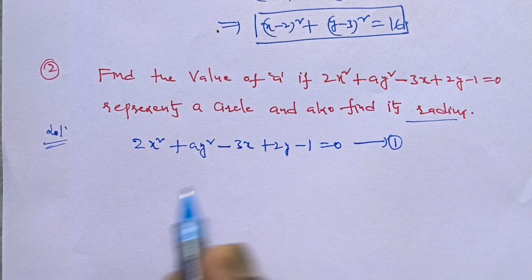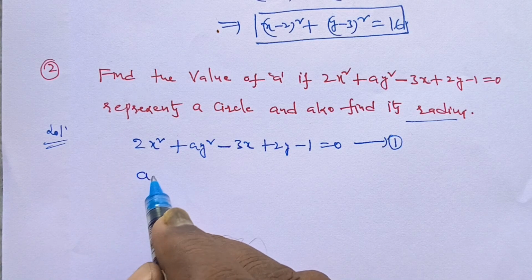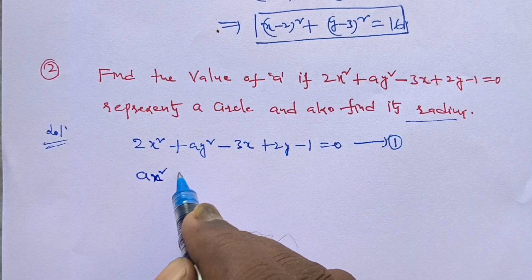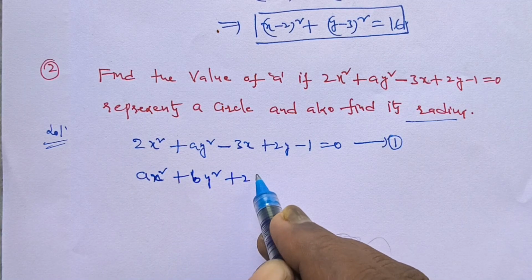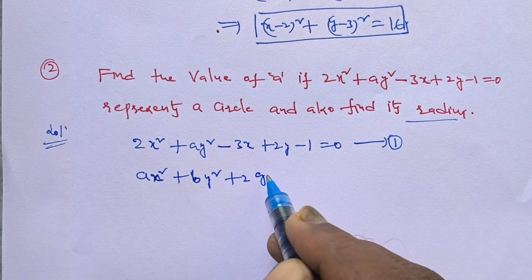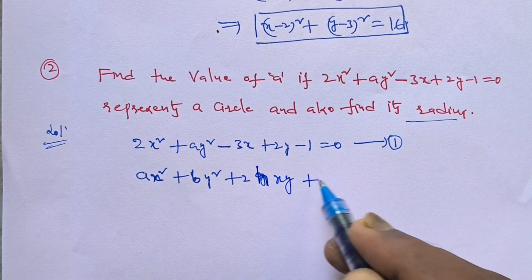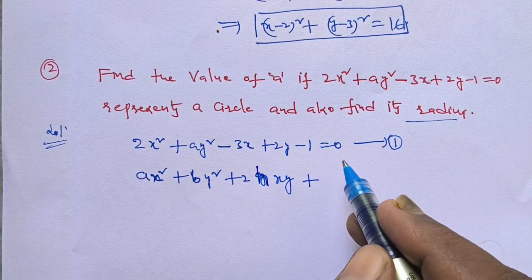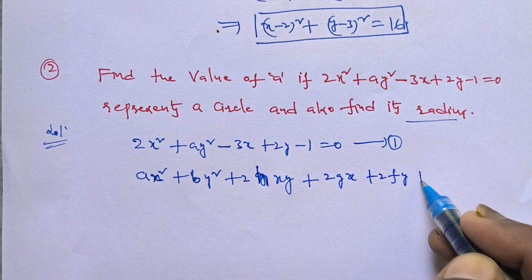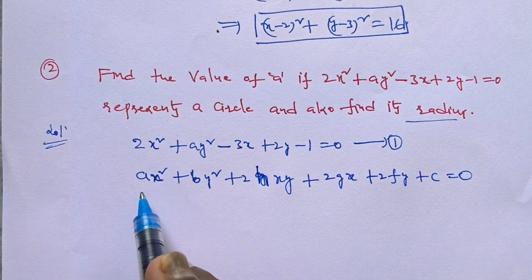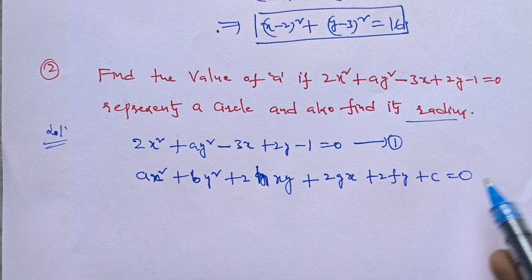And compare this given equation with the general form, which is ax square plus by square plus 2hxy plus 2gx plus 2fy plus c equals to 0.